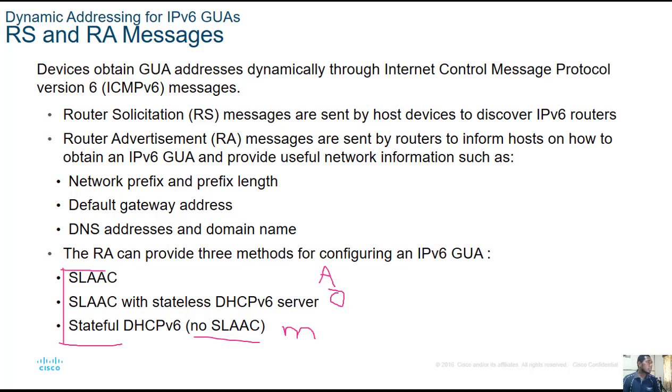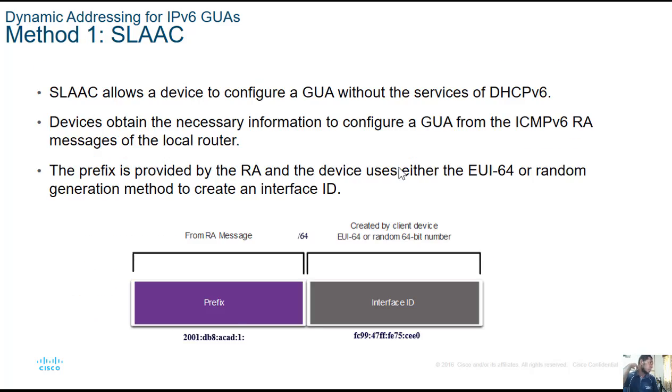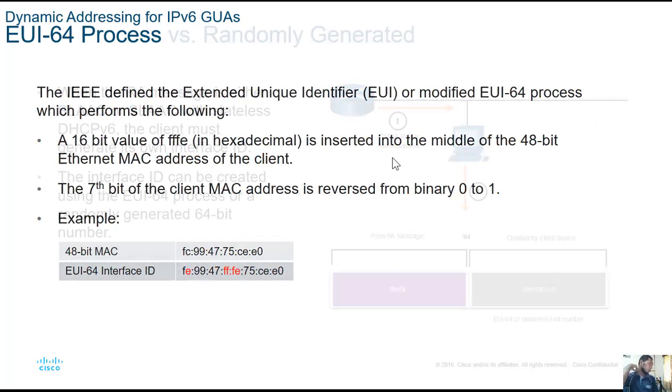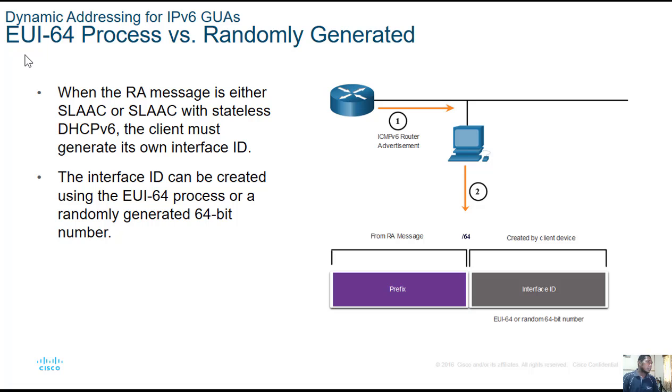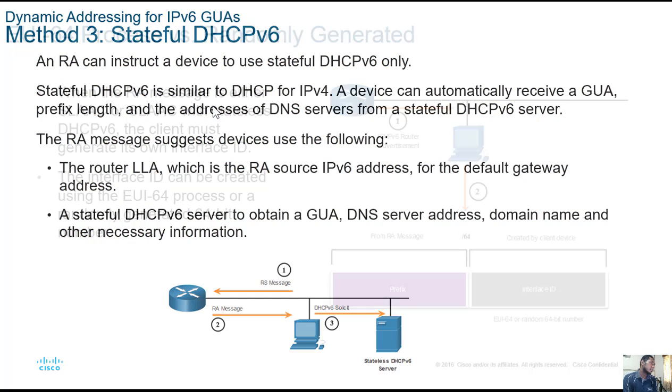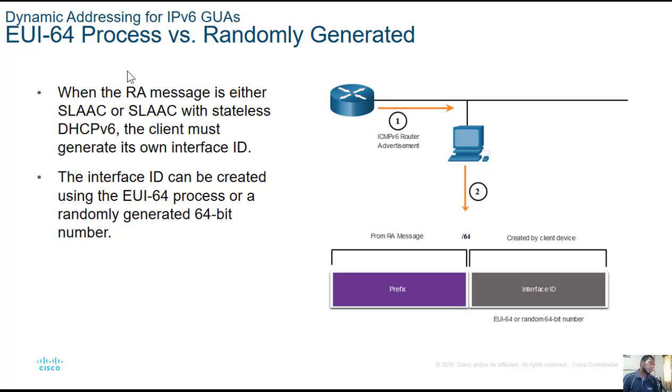Okay, let's look at the EUI-64 process and how the interface ID is randomly generated. When the RA message is either SLAAC or SLAAC with stateless DHCPv6, the client is required to generate its own interface ID.